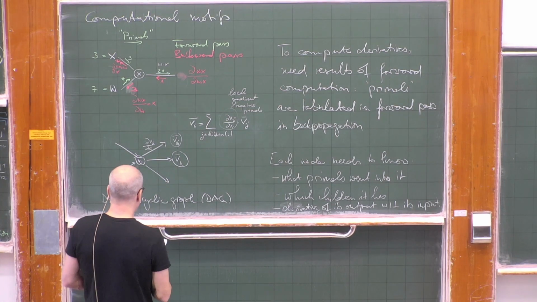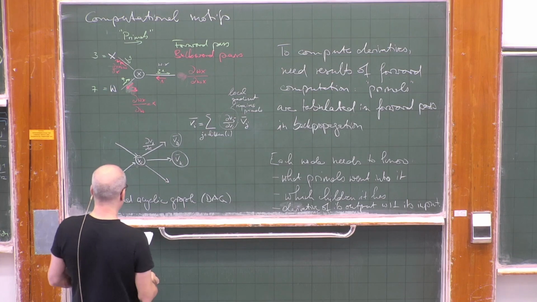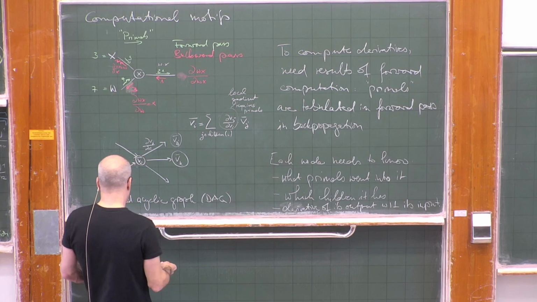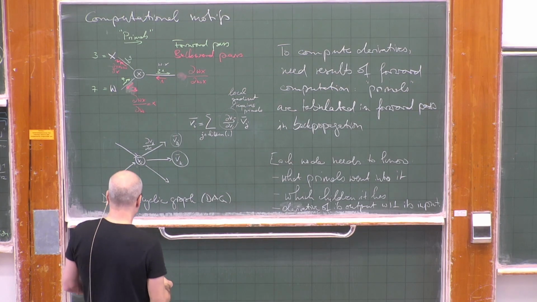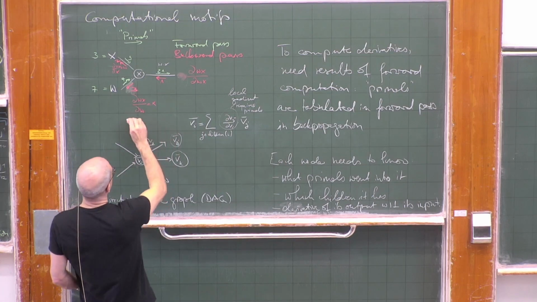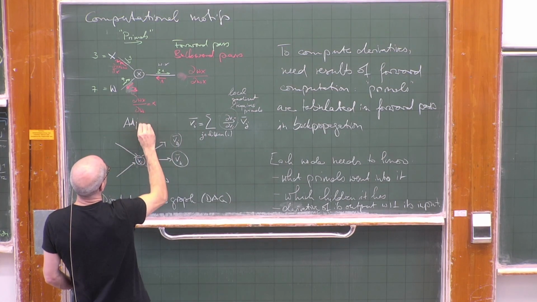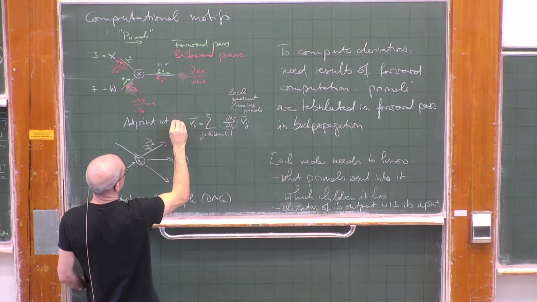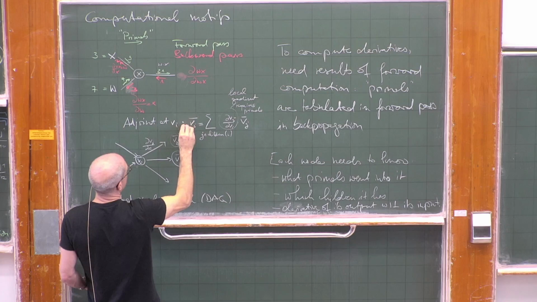And we have the gradient that we are going to send backward. These are also called the adjoints. So this quantity would be the adjoint at node i.